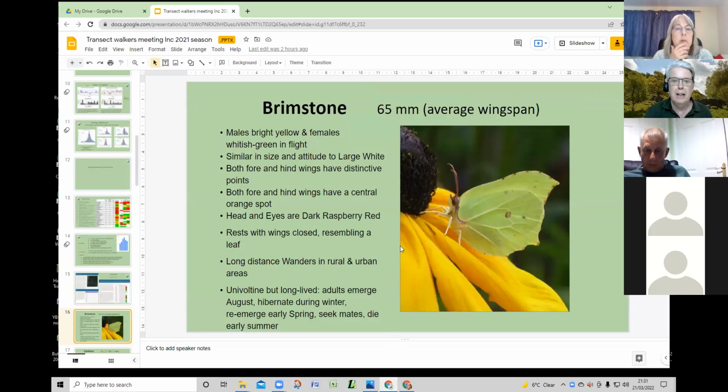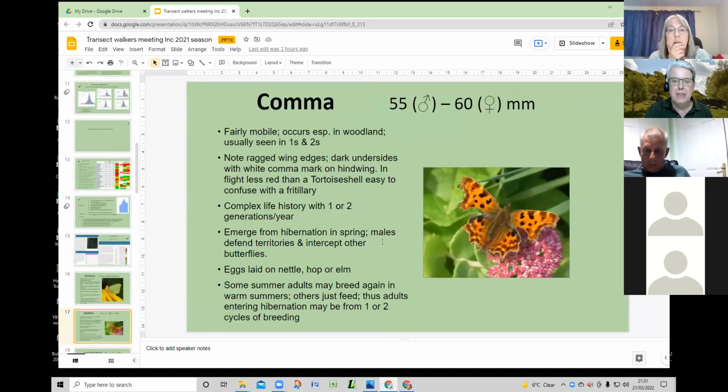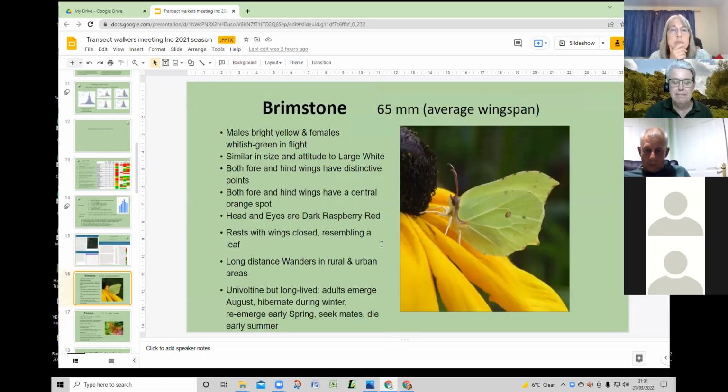Okay. Let's do whites. Now, everybody has difficulty with the five different types of white butterflies.